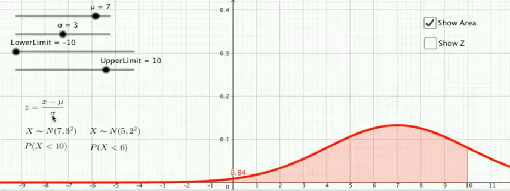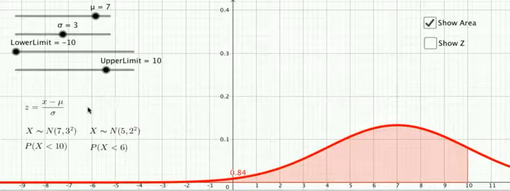So just to show this in action, let's take this as our first example, this one here on the left-hand side. If X is distributed normally with a mean of 7 and a standard deviation of 3, and we wanted to work out the probability that X is less than 10, we can see that the way that I've set this up, that probability would be 0.84.